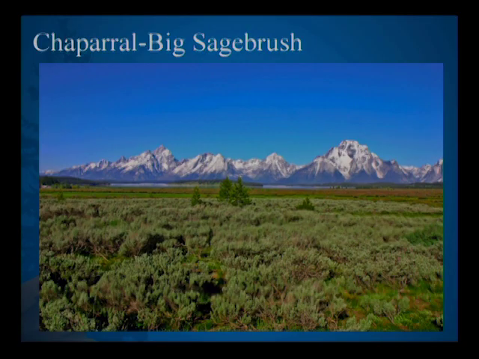The big sagebrush in particular tends to store excess nutrients in the leaves in the form of oils. And so, as with our grasslands, big sagebrush is prone to fires and can burn pretty easily. And this is one of the ways that the older plants are eliminated and newer plants get a chance to grow. So in the Yellowstone ecosystem, again, when you see chaparral, it's big sagebrush ecosystem.